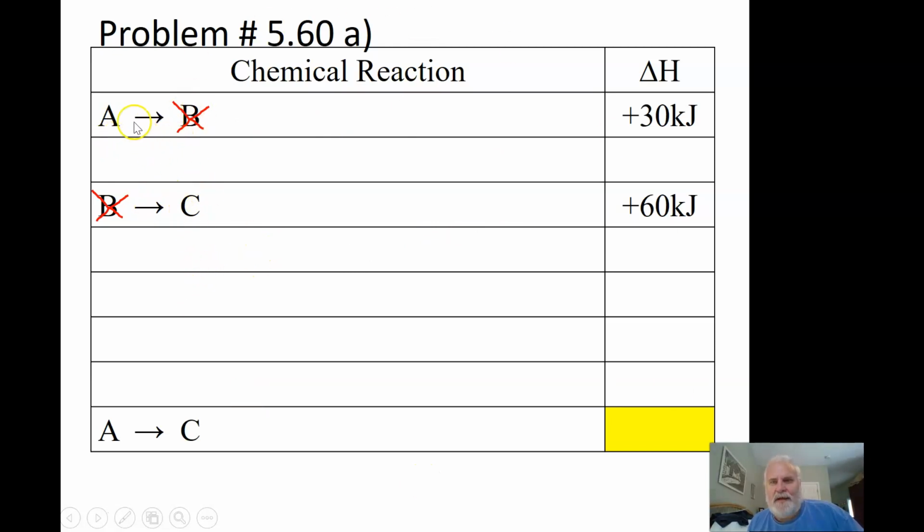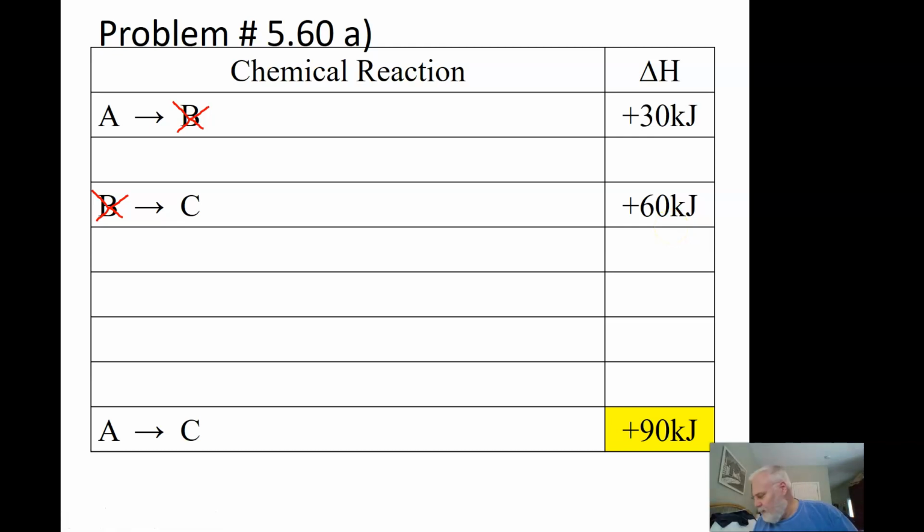But this one you can see, if you know what A going to B is and you know what B going to C is, then by additive property you can make the assumption, see if you can guess what that's going to be. You guessed it, 90 kilojoules. All you got to do is add those together. If you know the parts, they'll sum up to give you your overall reaction. And that's in fact what we have here. We have A going to C, and you just broke it up into 2 parts.